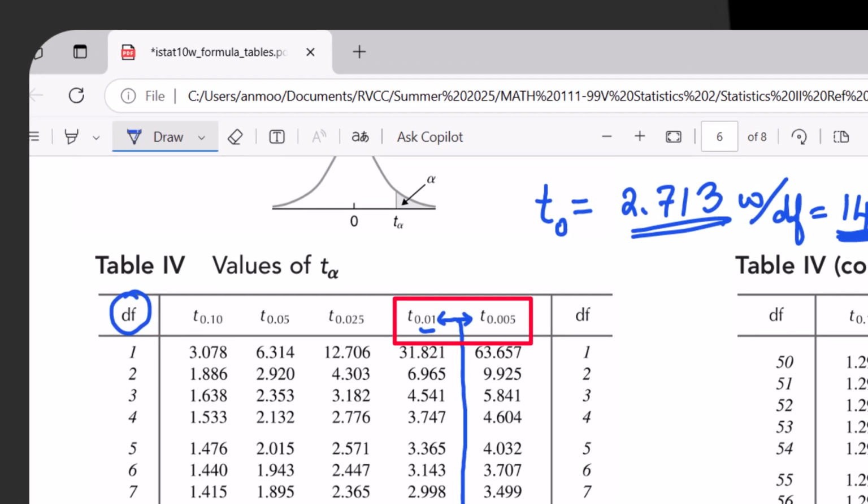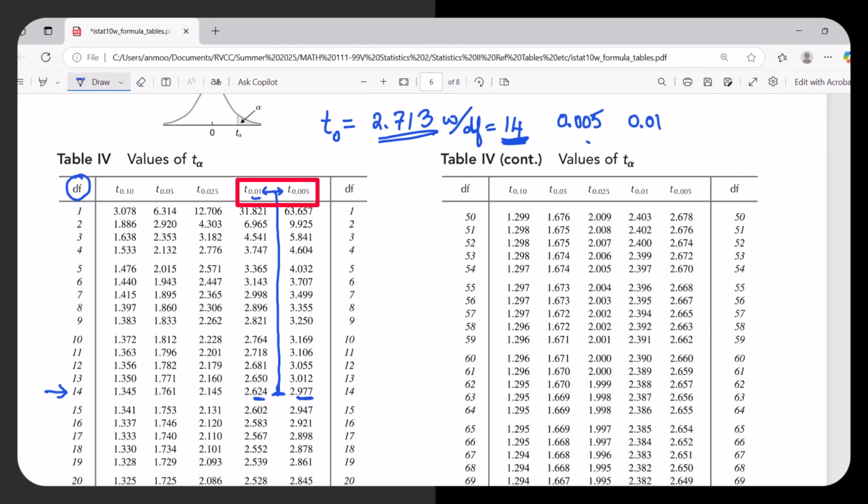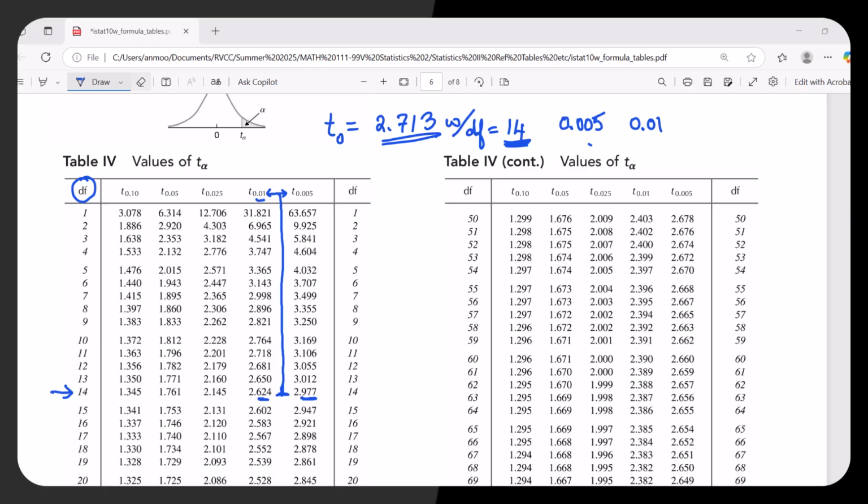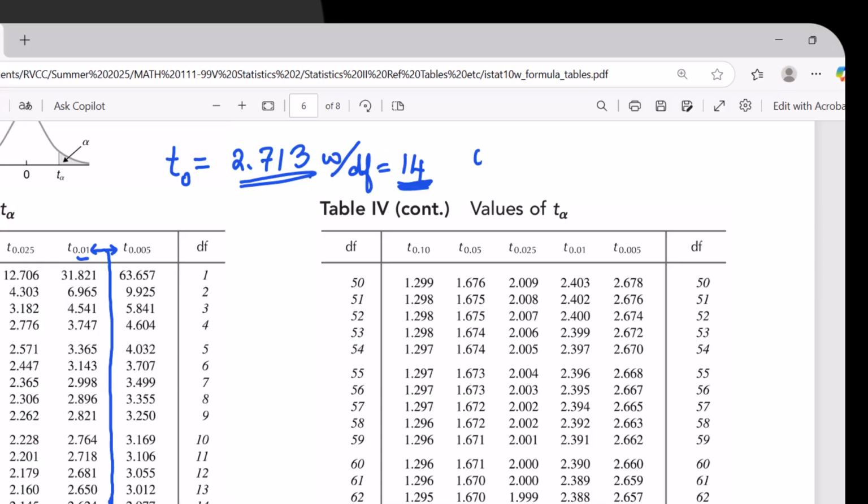So the way you're going to write this is 0.005 less than p, less than 0.01. What this is telling us is the p-value of 2.713 is going to be greater than 0.005, but less than 0.01.